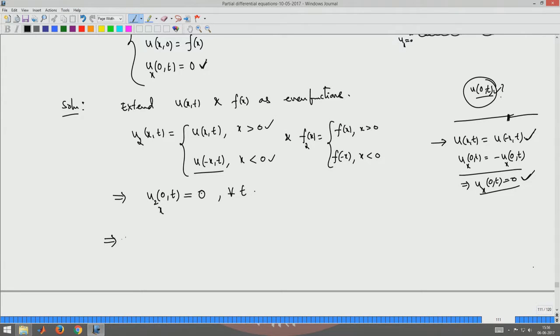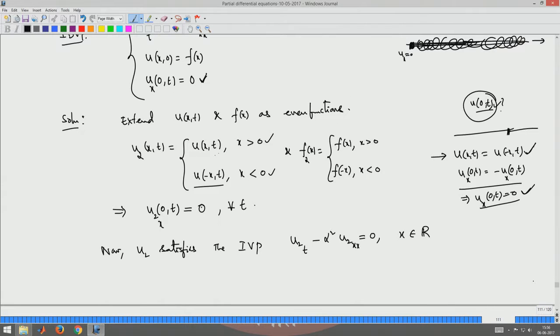So clearly u2 satisfies the initial value problem u2_t minus alpha squared u2_xx equal to 0, where x belongs to the full real line.